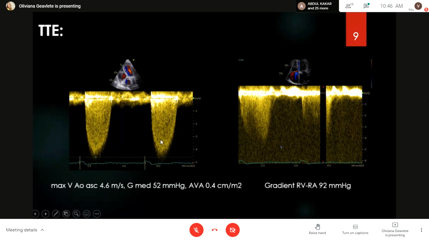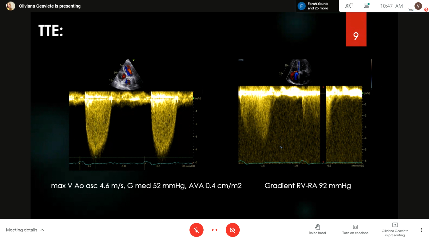And this is the velocity of the flow through the aortic valve and the criteria for establishing the severity of the valvulopathy. The maximum velocity through the valve was 4.5, and if you trace this envelope here, you will obtain a mean gradient of 52 with an area of 0.5 square centimeters, and indexed it might be less. What do you think?